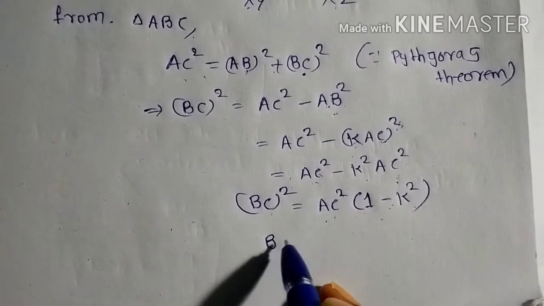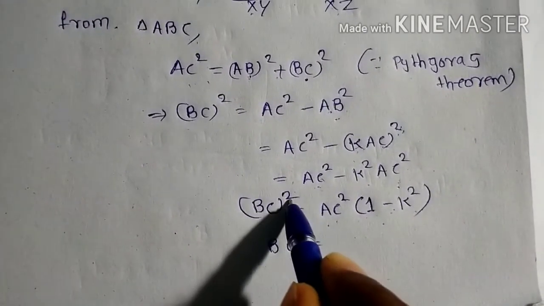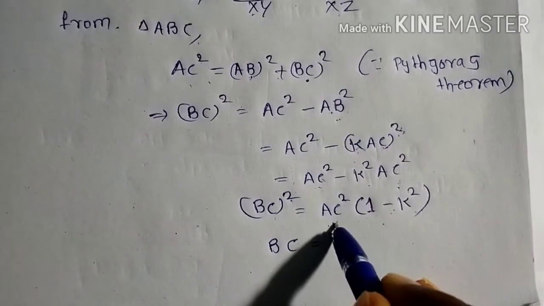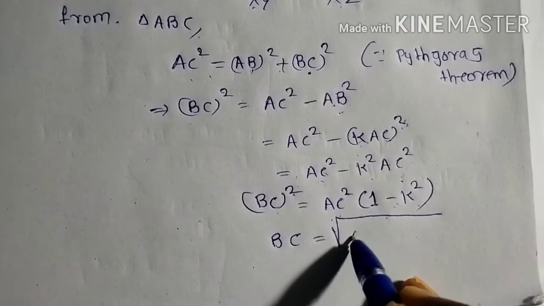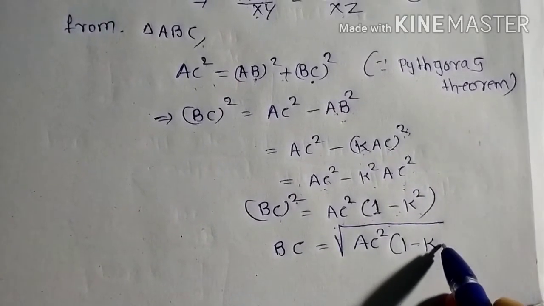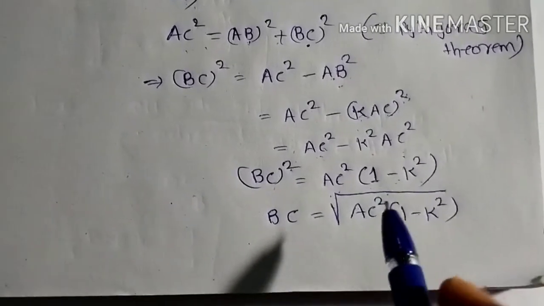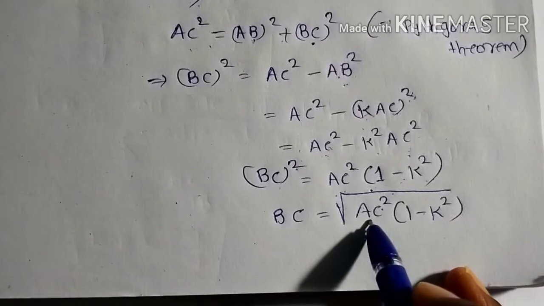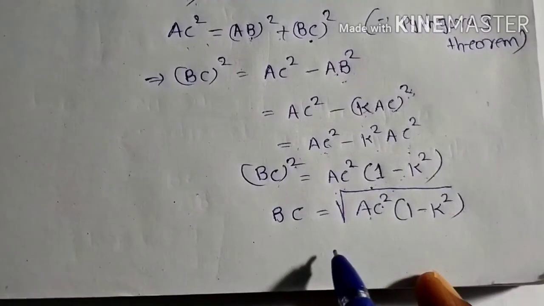See, if I am writing BC value only, that means here square will become square root. Yes or no? You can write here square root AC square into 1 minus K square. See here for square root will be cancelled or not? So that we can take here AC as outside.